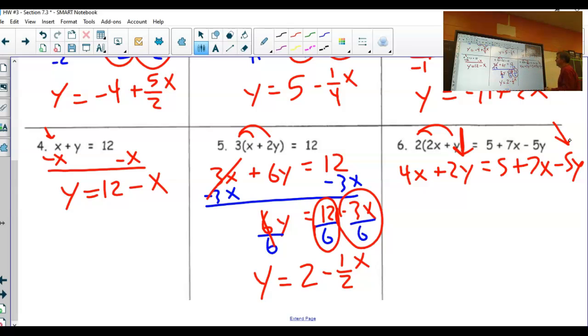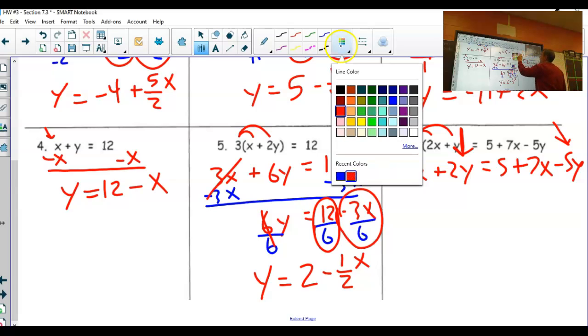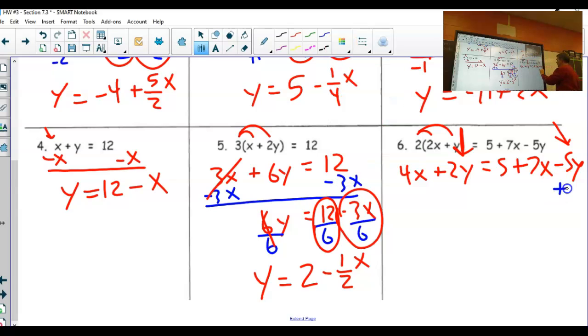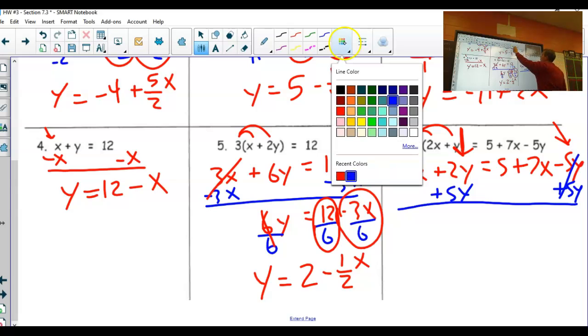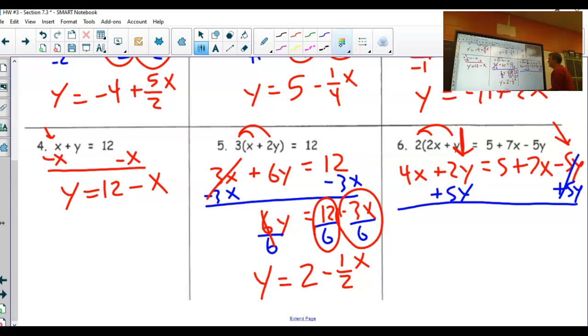So the first thing I'm going to do is eliminate the y term on the right. I'm going to add 5y to both sides so that there will only be y terms on the left. This gives me 4x plus 7y equals 5 plus 7x.